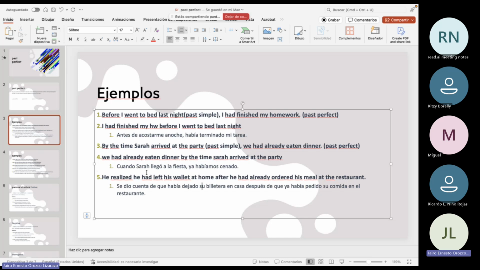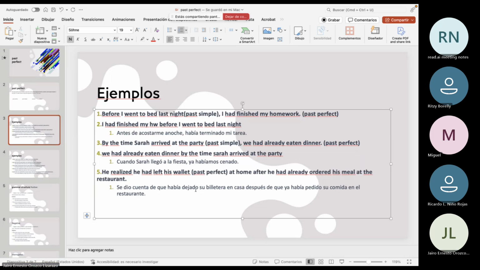He realized he had left his wallet at home after he had already ordered his meal at the restaurant. So we have two past perfect sentences. Okay.